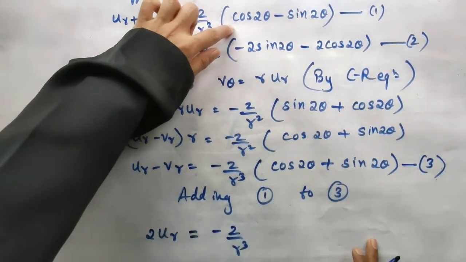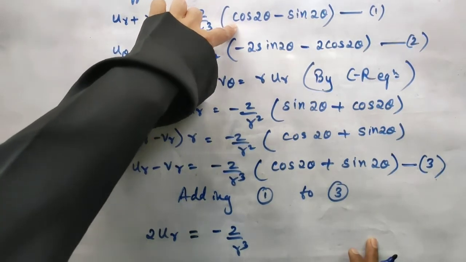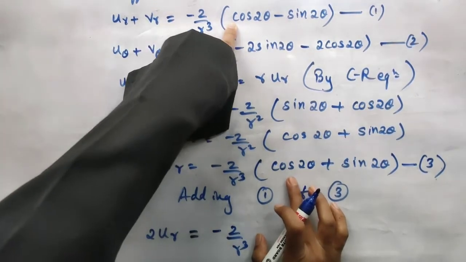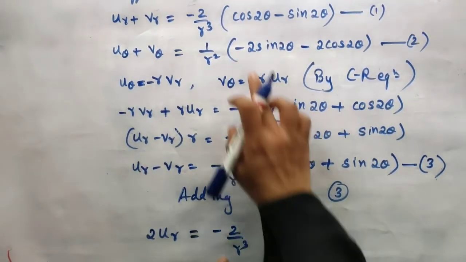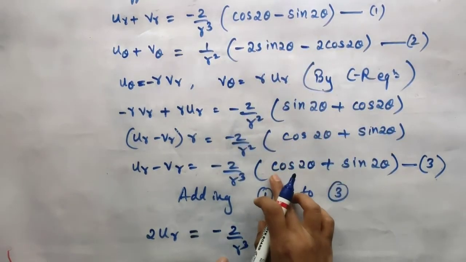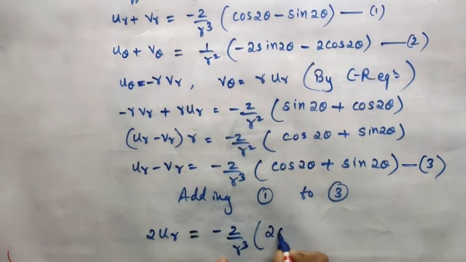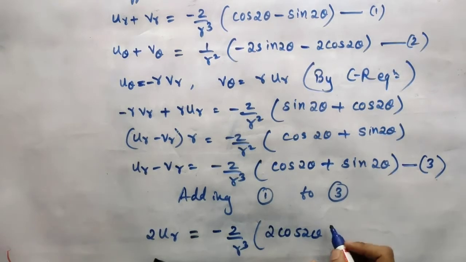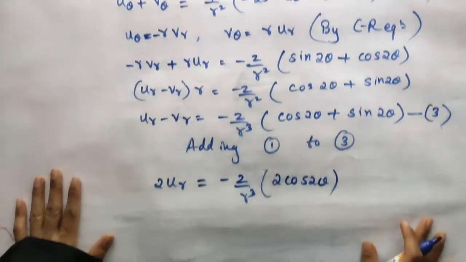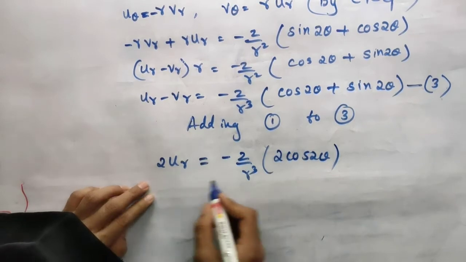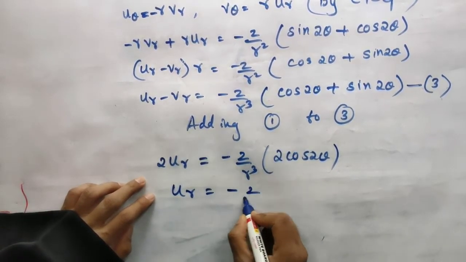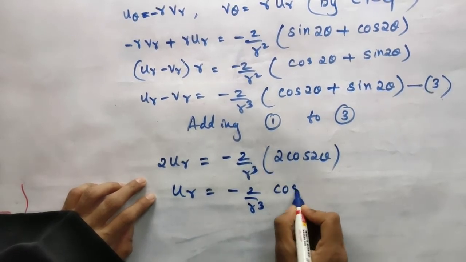Plus cos 2 theta plus cos 2 theta, it is plus 2 times cos 2 theta. Now minus sine 2 theta plus sine 2 theta gets cancelled. You end up with this. Now you can take that 2 common and cancel that 2. u suffix r will be minus 2 by r cube cos 2 theta.